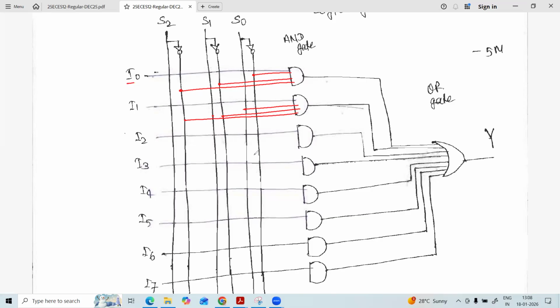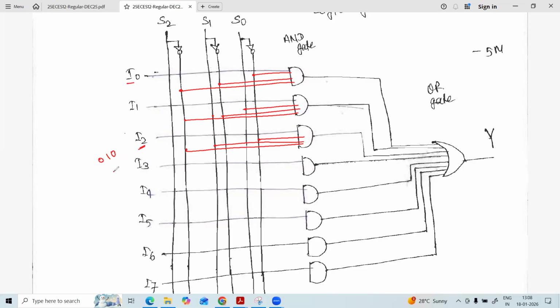In a similar way, we have to give the connection for I2. What is the combination? 0, 1, 0. So S0 is 0, S1 will be without complement, and S2 is with complement.